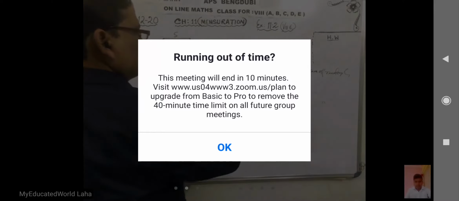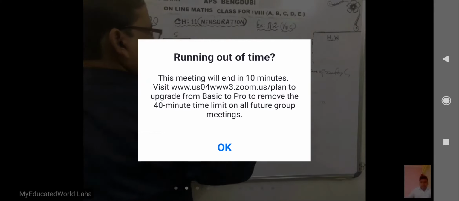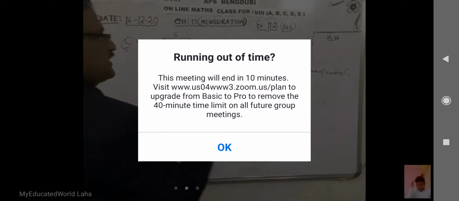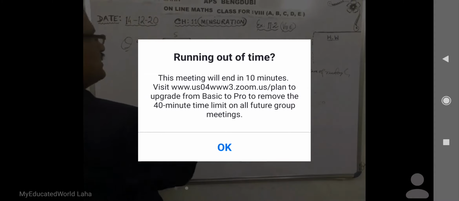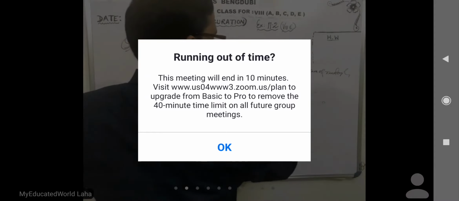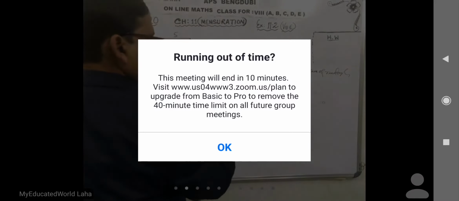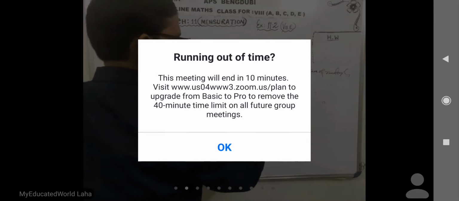That is multiplied by 2 again because there are 2 trapezium, plus 1 rectangle. Rectangle is 11 into 5. So now half and this 2 cut. So I am getting 16 into 4 plus 55.